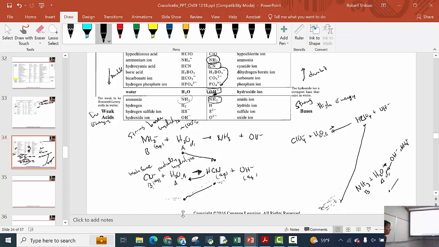And so we get some partial hydrolysis here. Whereas, let's take another example here.